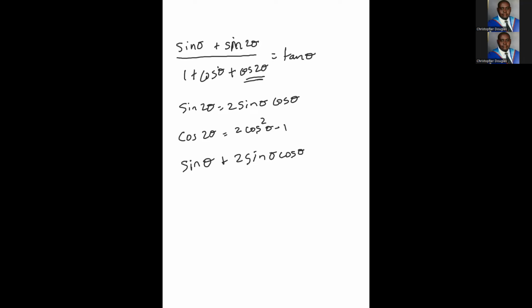Over 1 plus cos theta. I remember I'm replacing the cos 2 theta with this now, plus 2 cos squared theta minus 1. Very good. If you got that, nail it, 1 mark. So, what can I do here?